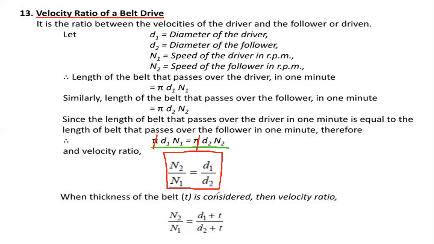Then when the thickness of the belt, small t, is considered, the velocity ratio becomes N2 by N1 is equal to (d1 plus t) by (d2 plus t). So the thickness has been added to both the diameters.